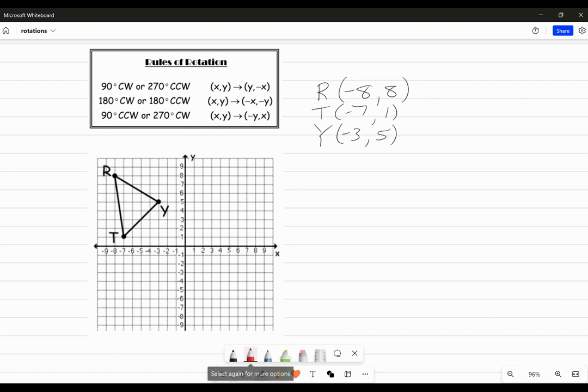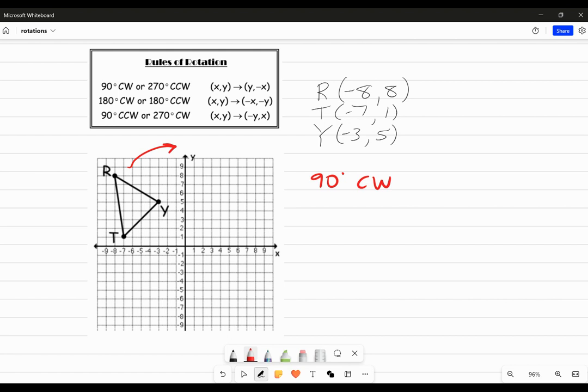So I'm going to use some different colors here. I'm going to start with red, and I'm going to do a 90-degree clockwise rotation of that image. So remember, visually what you should be imagining is that this picture should be moving to the right clockwise. So 90 degrees clockwise, I should see this shape going to the right on the coordinate plane.